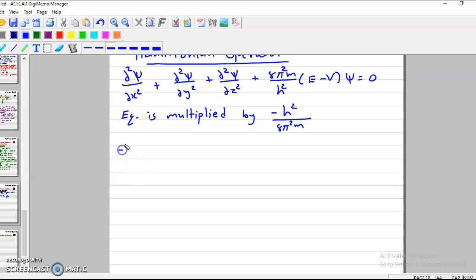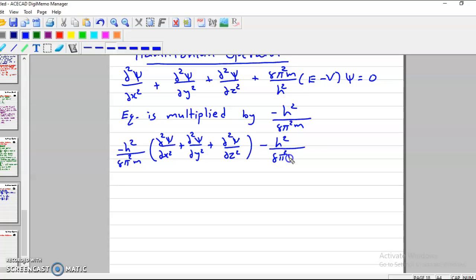So now we write minus h square upon 8 pi square m into (del square psi upon del x square plus del square psi upon del y square plus del square psi upon del z square), okay, minus, see here also we write minus h square upon 8 pi square m into 8 pi square m upon h square (E minus V) psi is equal to 0.